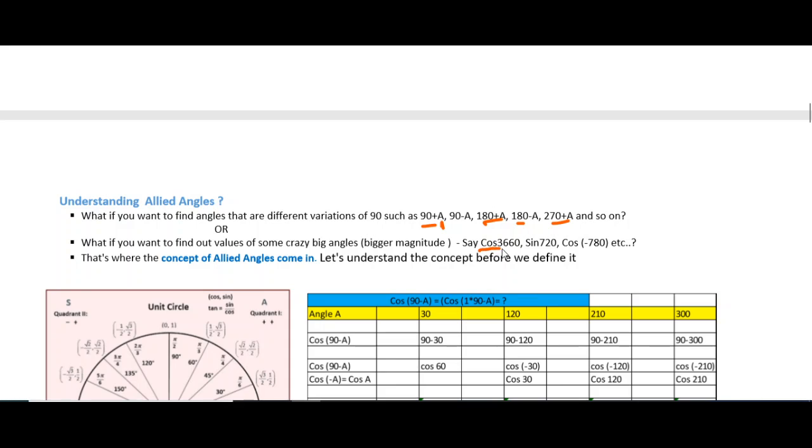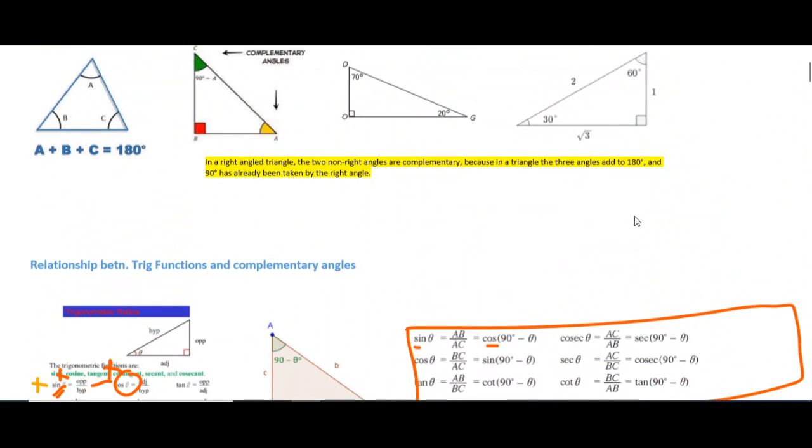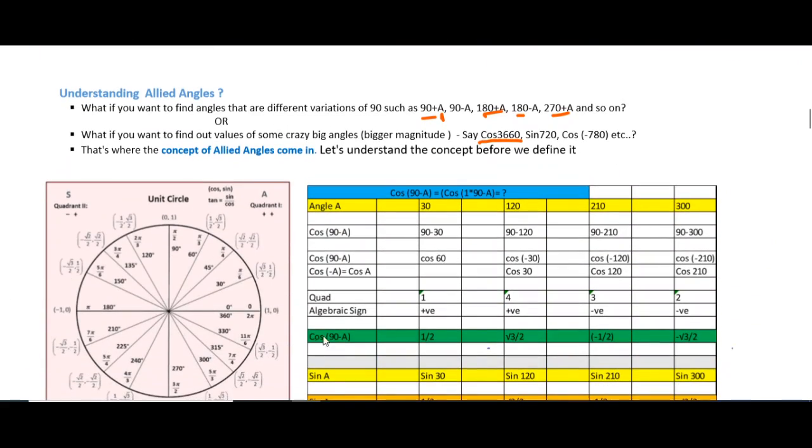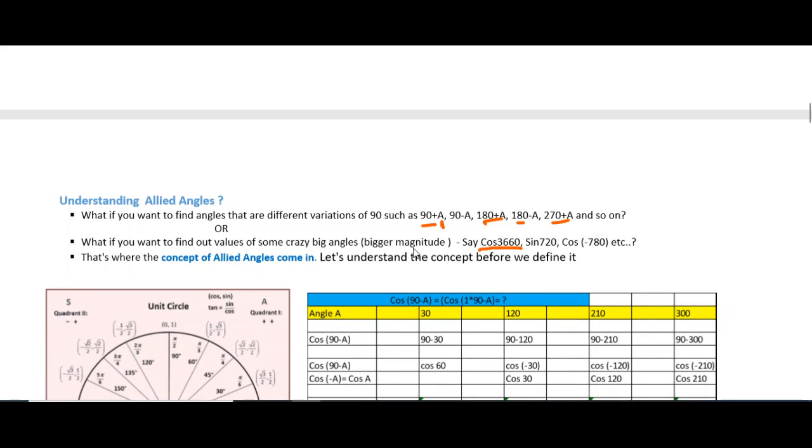Let's say I want to find the value of cosine of 3660, or sine of 720, or cos of minus 780, which is typically much larger than the angles that we know, which are typically 30, 45, 60, 90 degrees, more or less standard angles which have a specific definition and for which the values are very easy to remember.